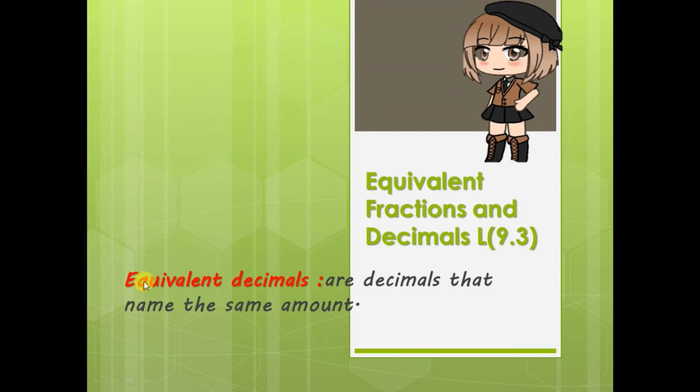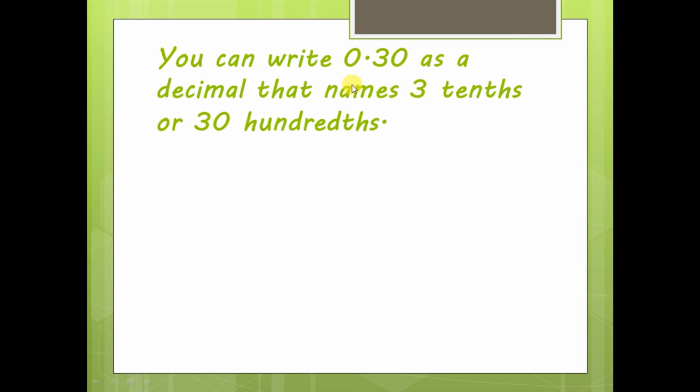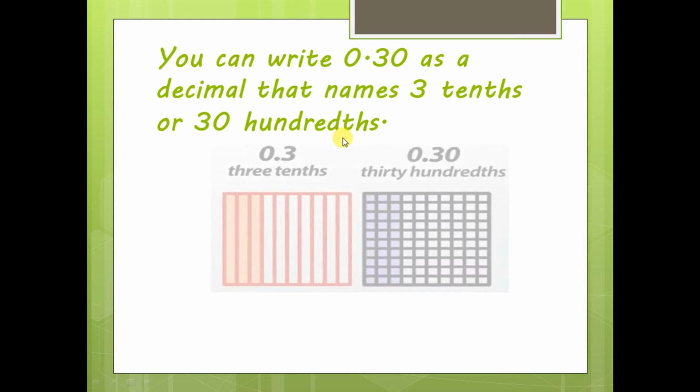The definition of equivalent decimals: they are decimals that name the same amount. So they are different in shape but have the same value. Let's start. For example, you can write 0.30 as a decimal that names 3 in the tenths place or 30 in the hundredths place.